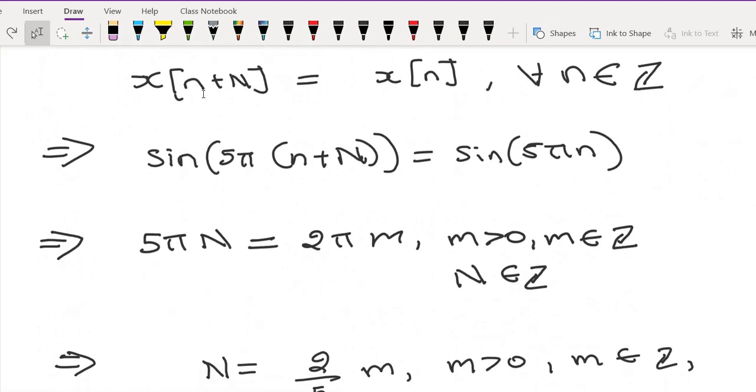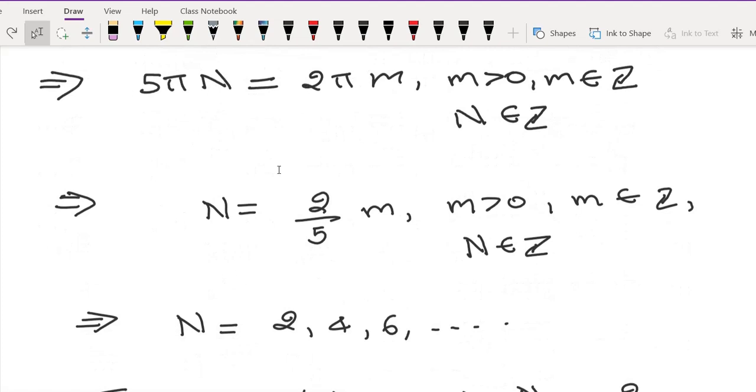Then using similar arguments as before, I get phi pi times capital N should be equal to integer multiples of 2 pi. This m must be greater than 0, it's an integer, and we have the additional constraint now that this capital N must also be an integer.